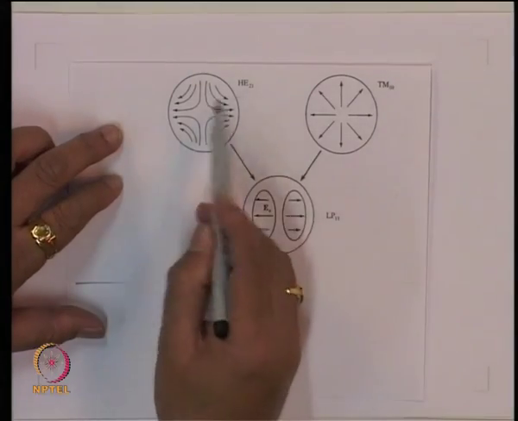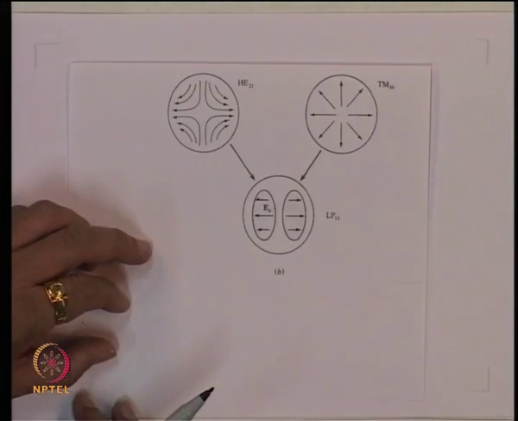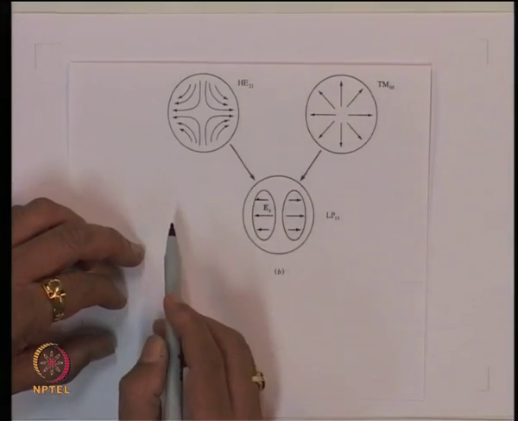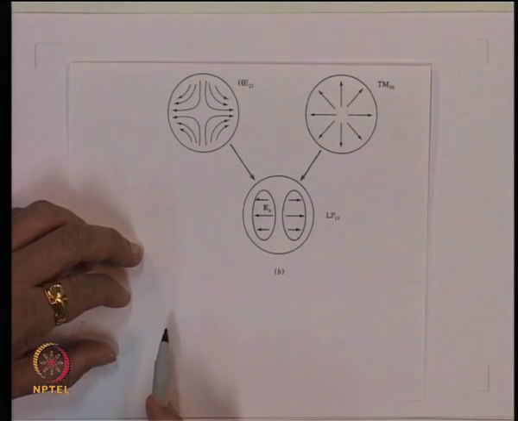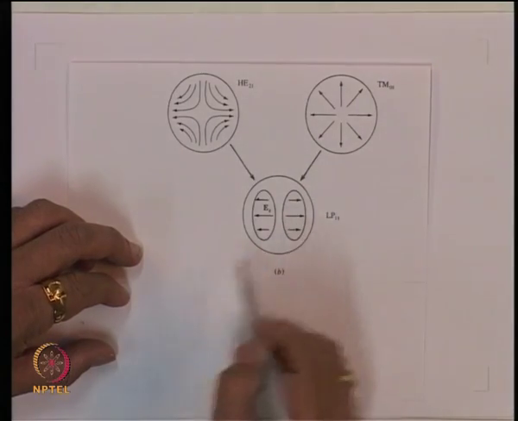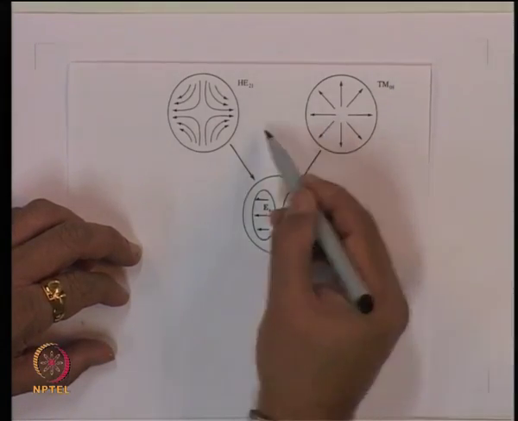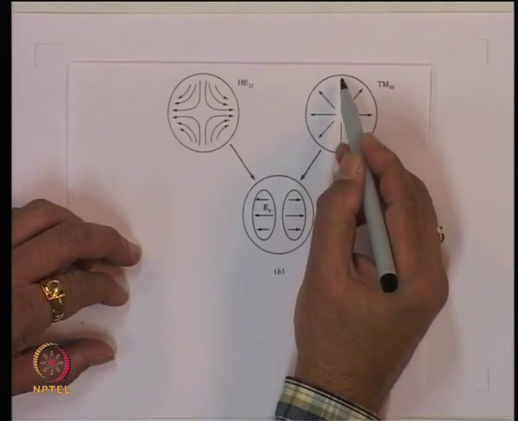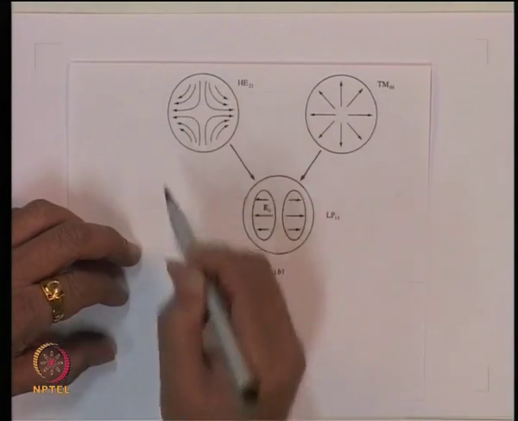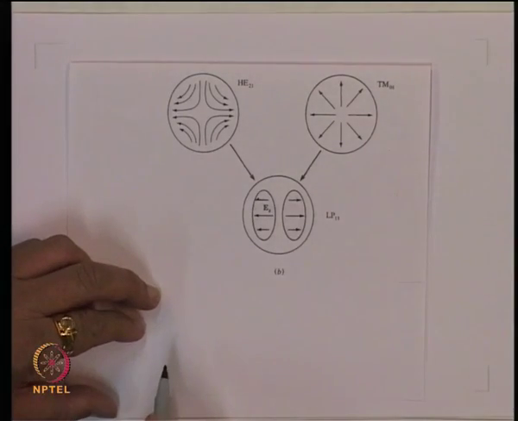Instead of TE01, if I had taken the TM01 mode and again the HE21 mode, and you change the orientation by 45 degrees, you get a combination of these two again, which will give me a distribution something like this, because here, when I come to this location, the fields get added, and at this location the field directions are again getting added, but in the opposite direction. When we come here, the fields are in opposite directions, this is upwards, this is downwards, so it cancels, and the same thing, there is a cancellation at this location also.